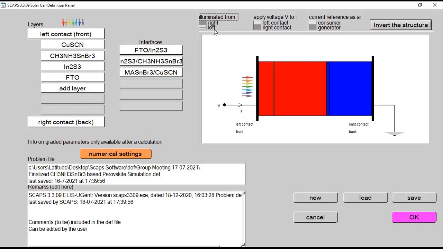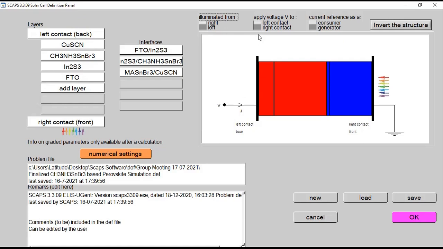So if you are interested in inverted architecture, it will be incident from the bottom. Okay, from FTO, then ETL, perovskite, and copper thiocyanate. And if you are interested to simulate a non-inverted architecture, it should be incident from the top of your simulation device, like HTL, perovskite, and ETL, and FTO glass. It was about your first query.